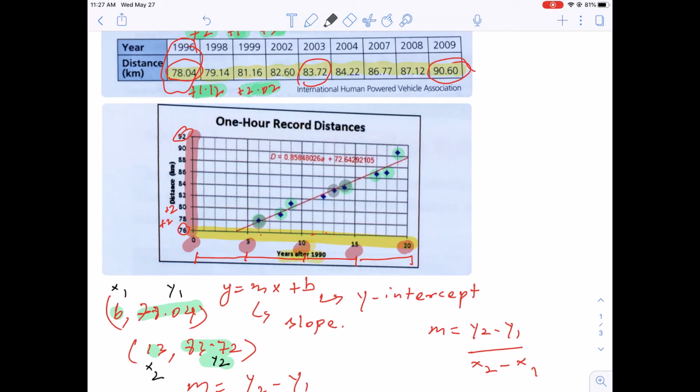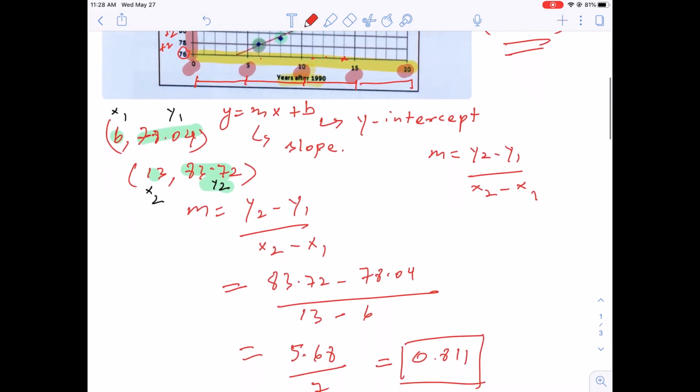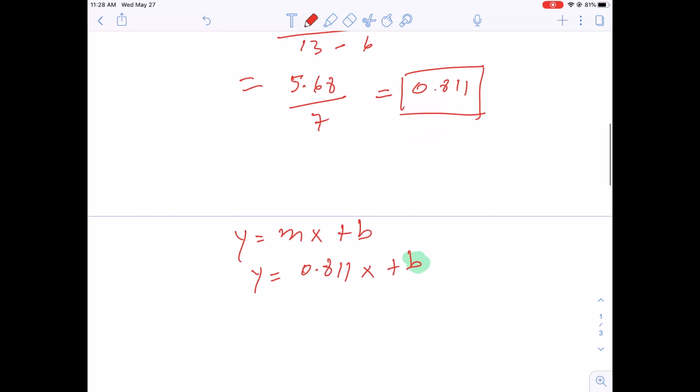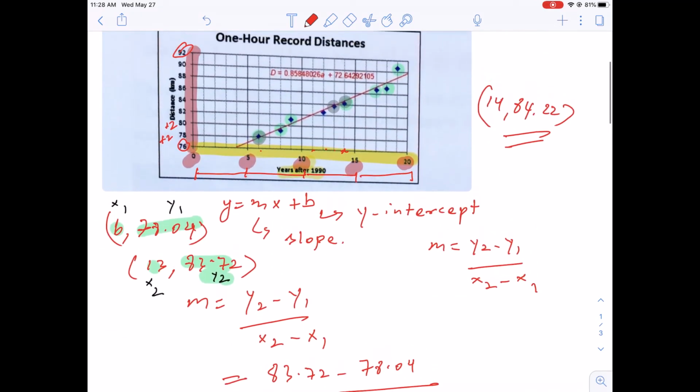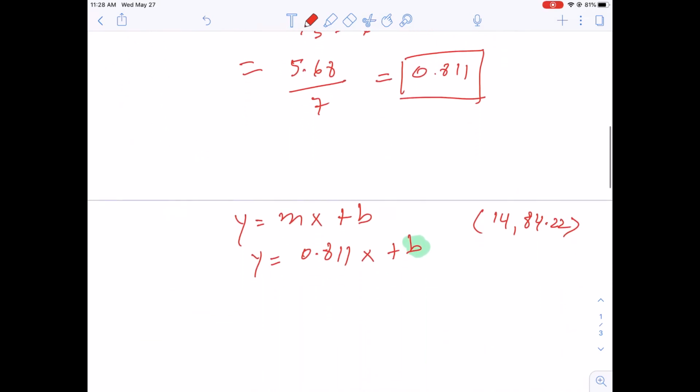The x value will be 14, and y is 84.22. So I'll need these 2 points, 14, 84.22. I'll write it to the side. I just want to confirm it, 14, 84.22.